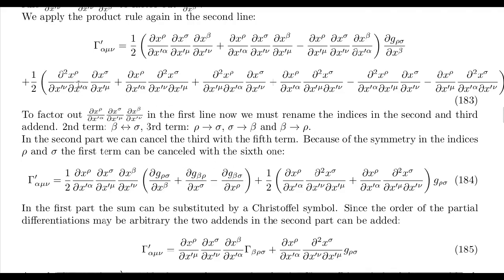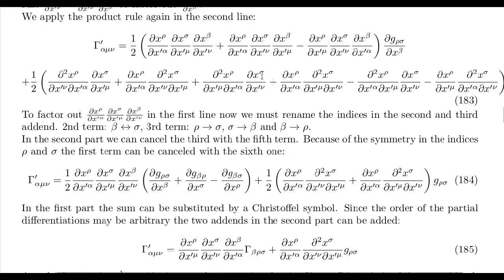Then here in the second line of 183, if we compare the terms, we find that here the third term is identical to the fifth term here. And this is minus and this is plus, so we can cancel them out.